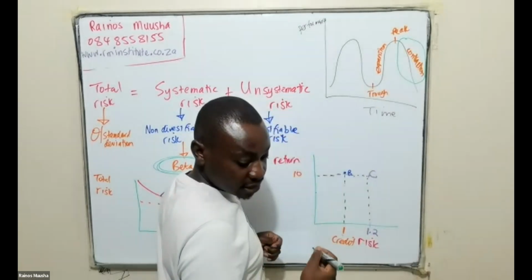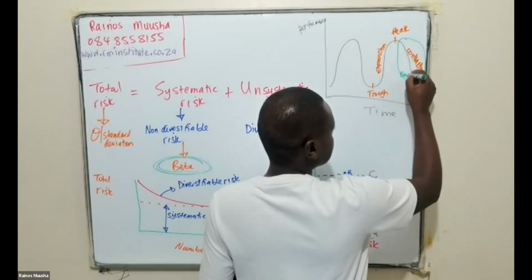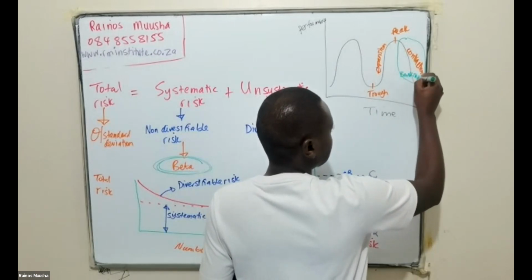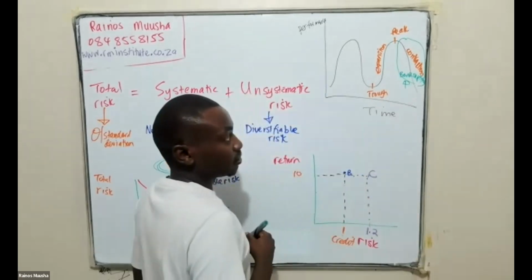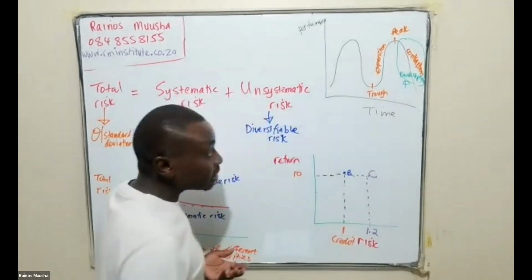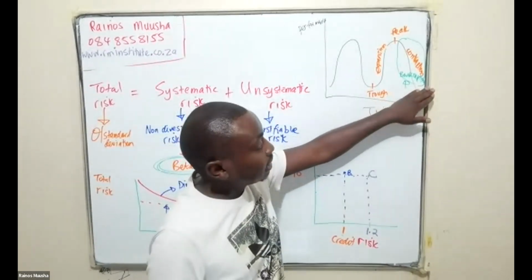During this phase, bankruptcies are increasing, which also means that credit risk during this period is expected to be increasing as well.